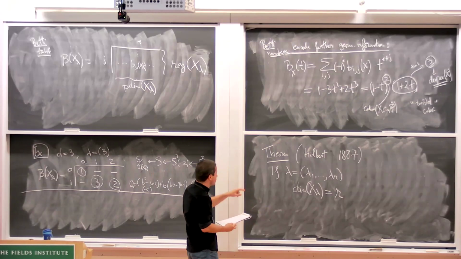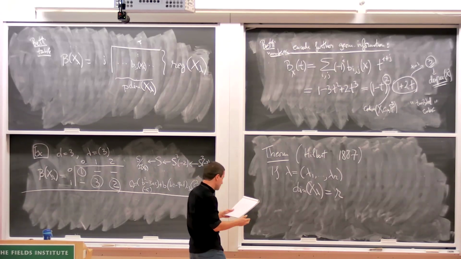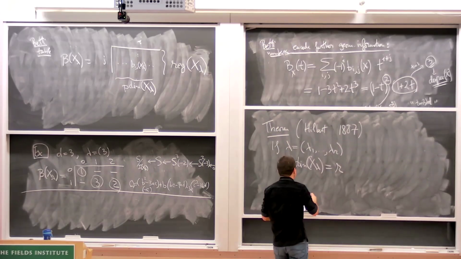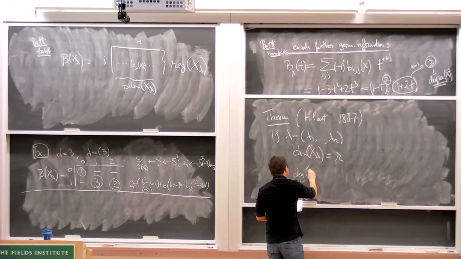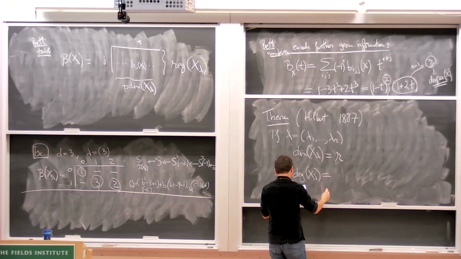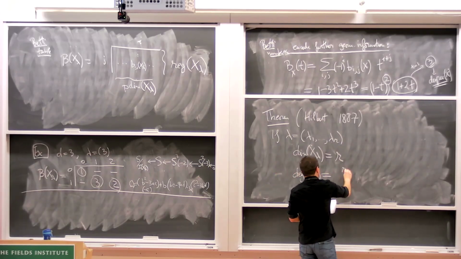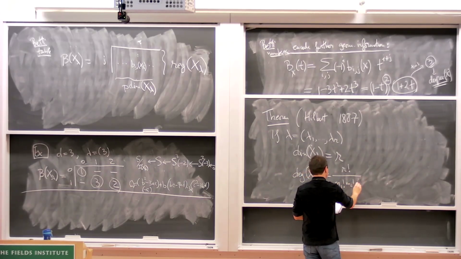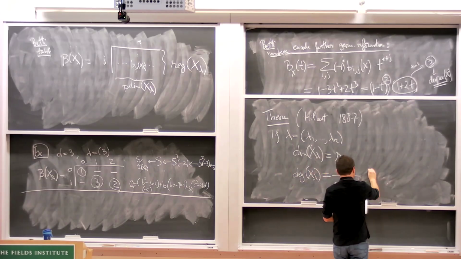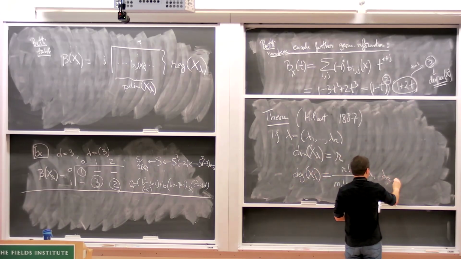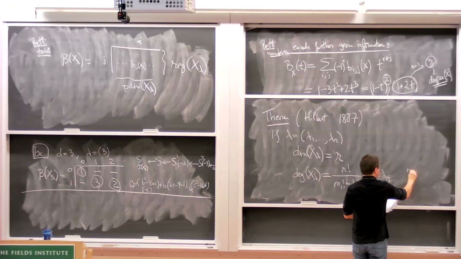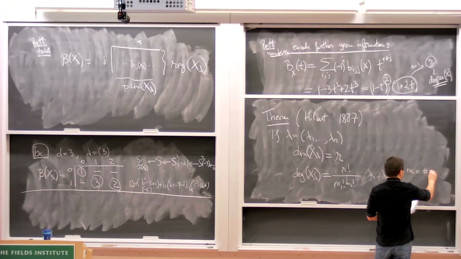So I told you the dimension of x lambda is r. That's maybe not surprising. And then what's the degree? I don't know exactly what the best way to write it is, but it's r factorial divided by the product of the factorials of the multiplicities m_i. What is m_i? This is the number of parts of lambda which are equal to i.